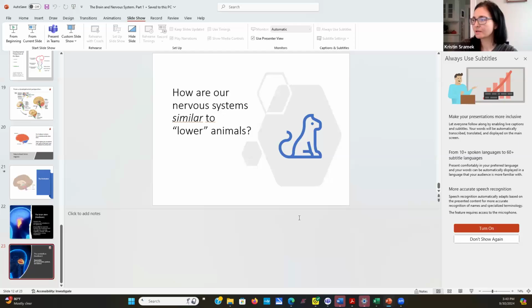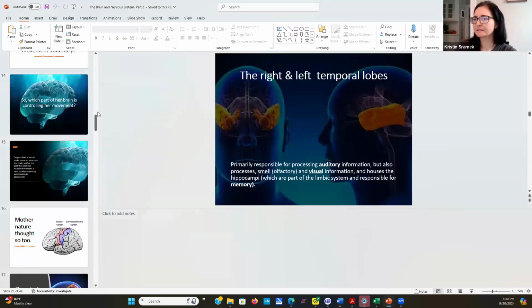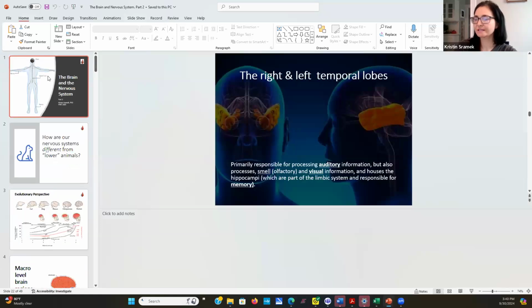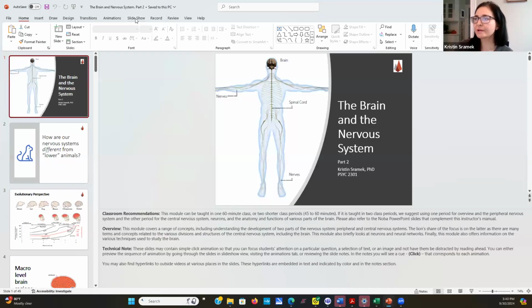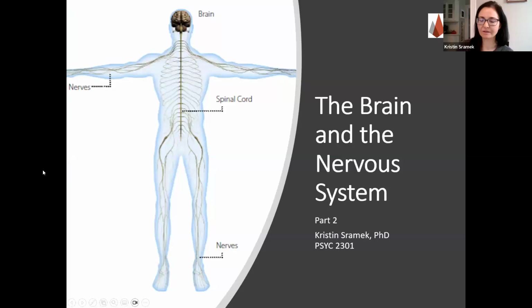All right, so moving on to the next part of this presentation, we're going to do a little bit of review, just to make sure everybody remembers everything, to test yourself, and then we'll move on to some more details, in particular regarding the cortex.